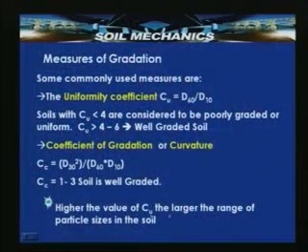If you look into this, the higher the value of Cu, the larger the range of the particle sizes in the soil. If the Cu value is high, that indicates that the soil mass consists of different ranges of particle sizes.